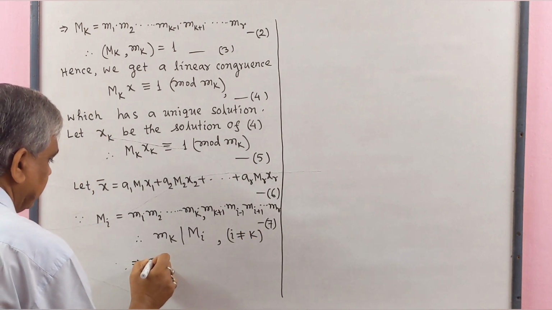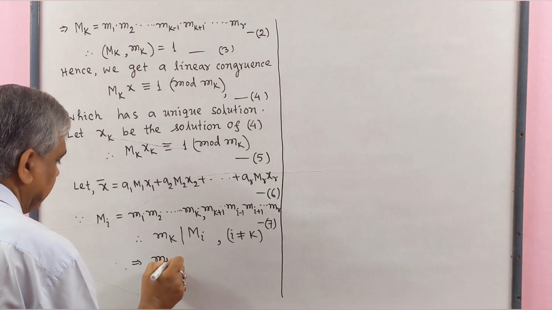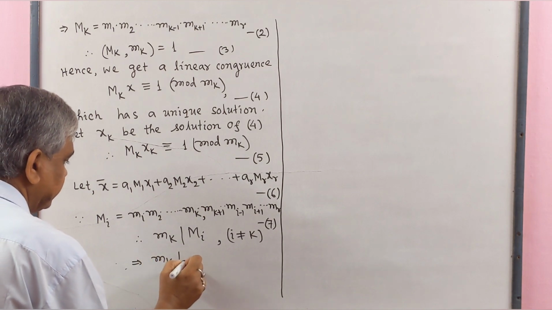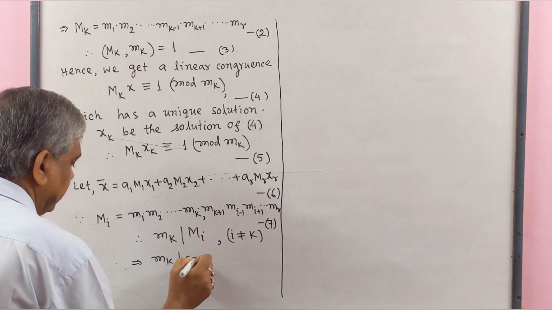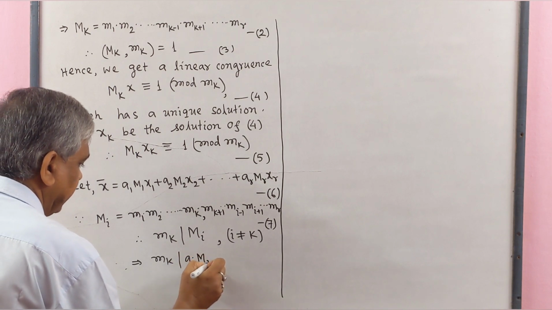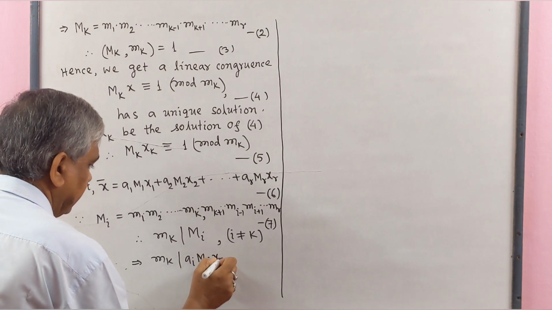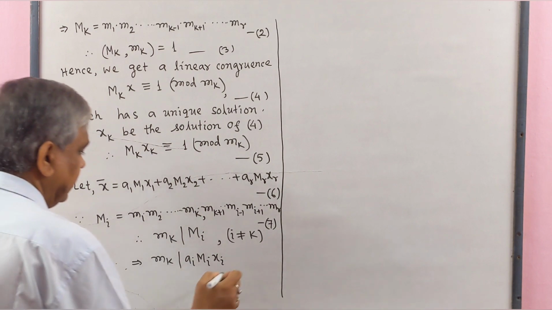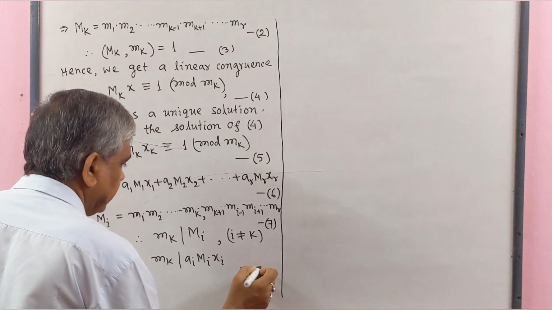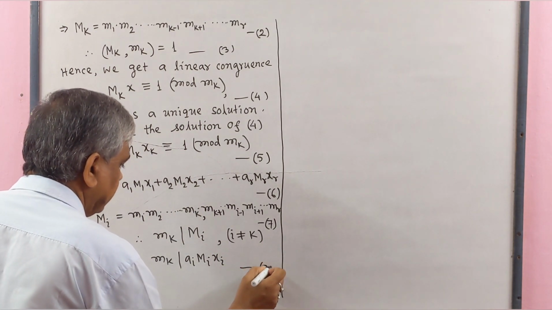Implies that small mk divides ai capital Mi xi. This is number 8.